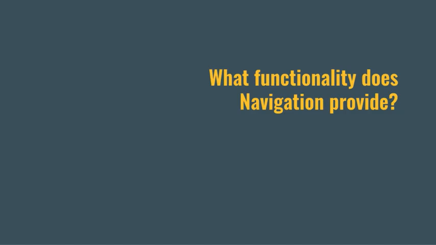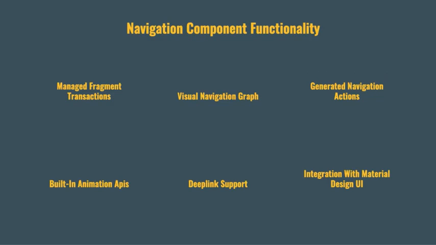So we've talked a little bit about conceptually what navigation can do. What functionality does it actually provide for us? Well, it manages fragment transactions. It provides us that visual navigation graph. It will automatically generate the action classes that specify how to go from one fragment to another.